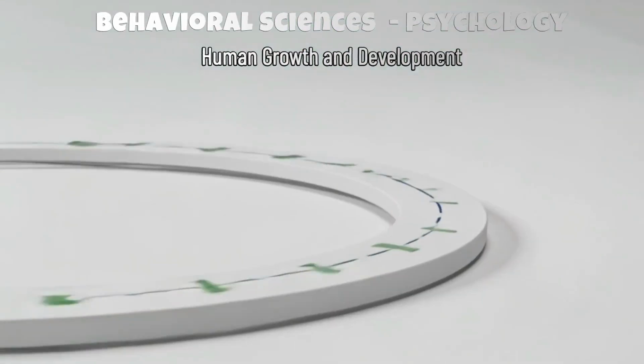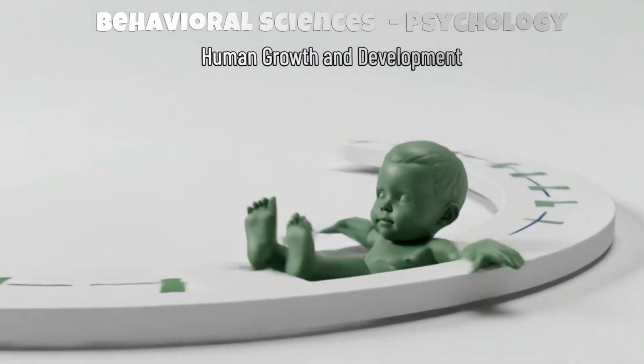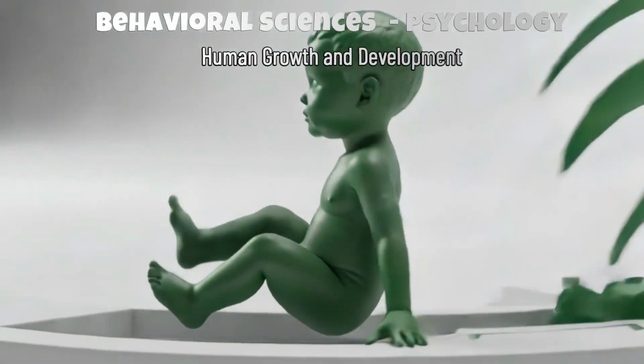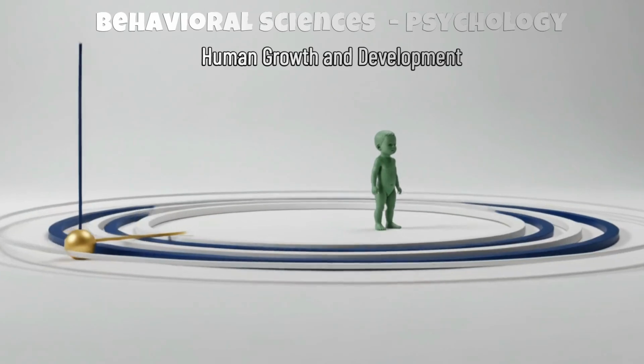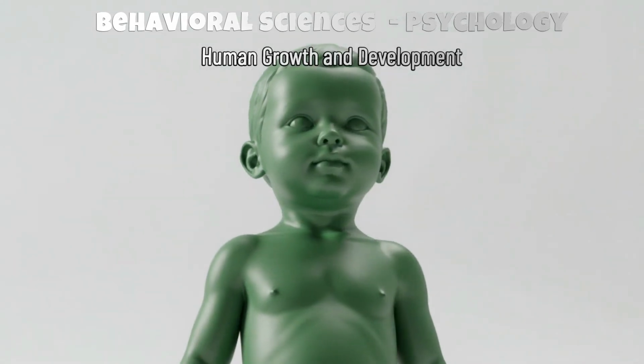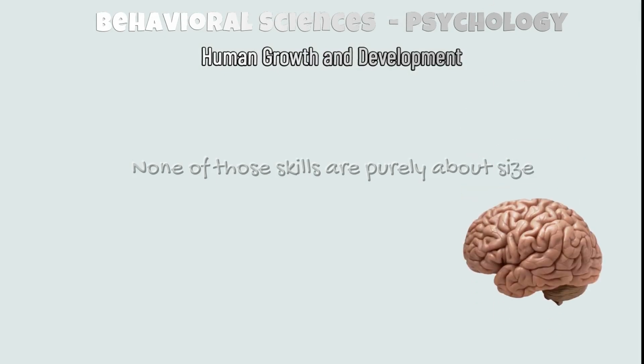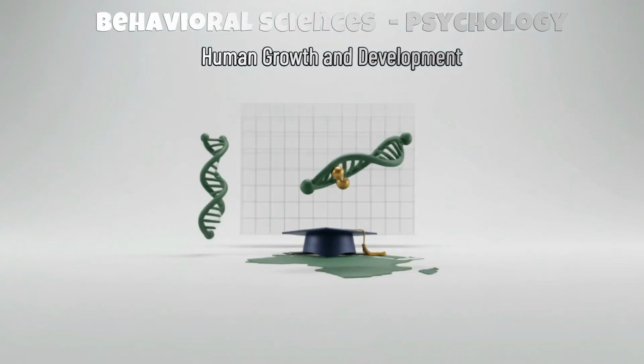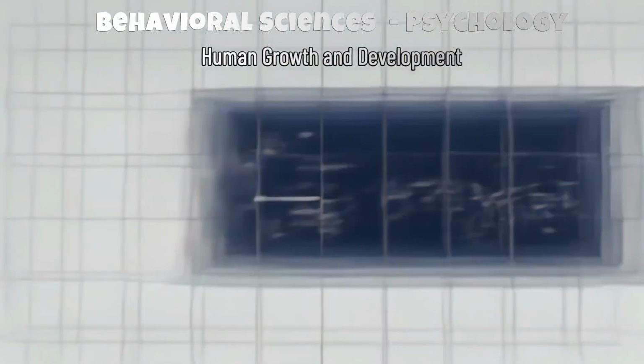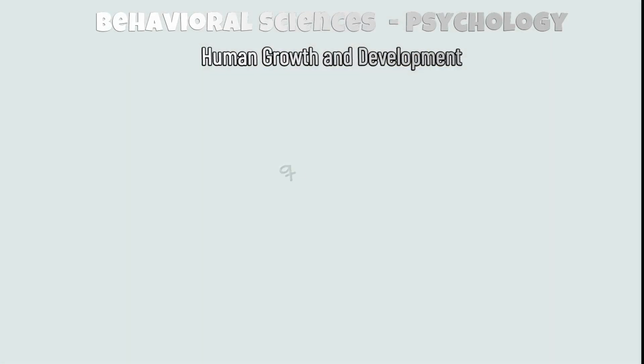Over months, that baby develops the ability to reach deliberately for objects. Then they learn to grasp, to hold, to clap, and eventually to write. None of those skills are purely about size. They are about the brain and body learning to work together in increasingly sophisticated ways. That is development, and it is qualitative, meaning we describe it rather than just measure it.